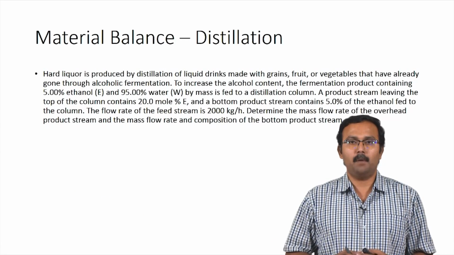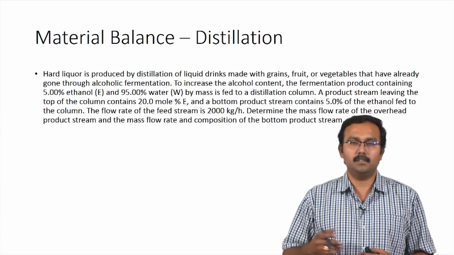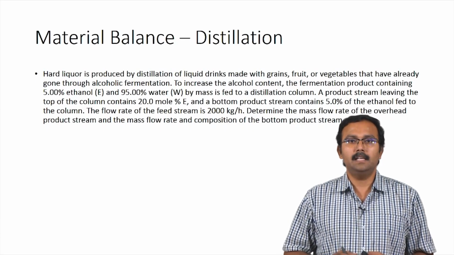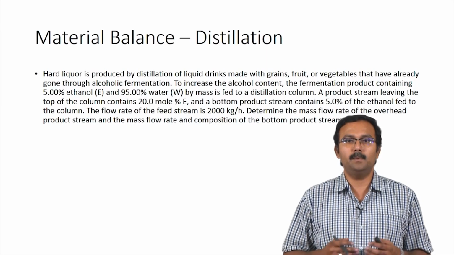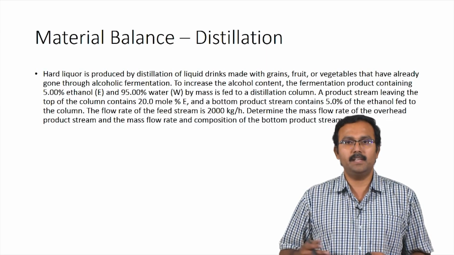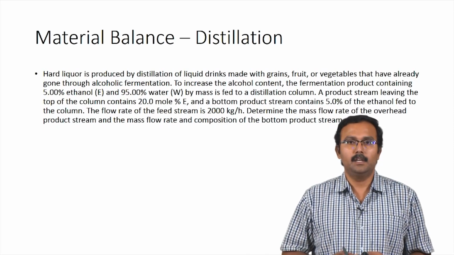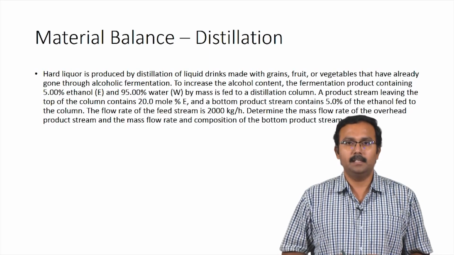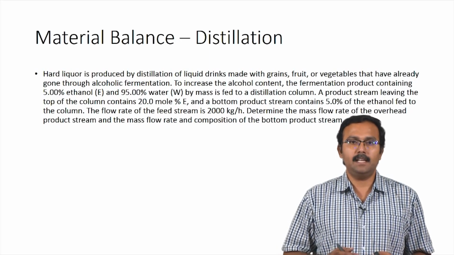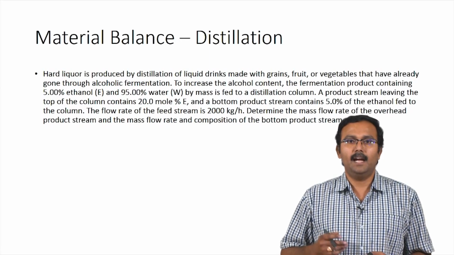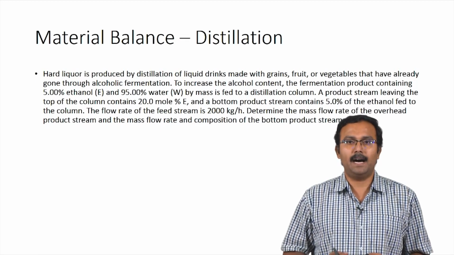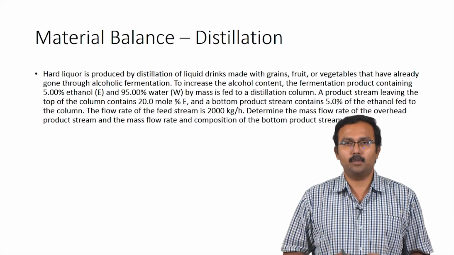Here is an example problem which we shall try to solve today. Hard liquor is produced by distillation of liquid drinks made with grains, fruits or vegetables that have already gone through alcoholic fermentation. To increase the alcohol content, the fermentation product containing 5% ethanol and 95% water by mass is fed to a distillation column.